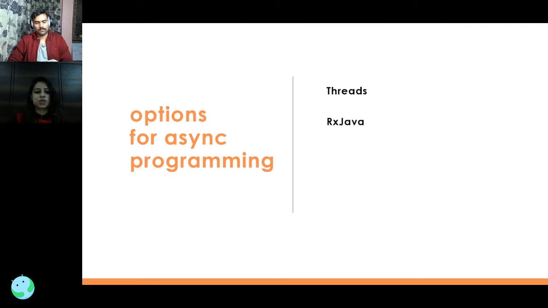Then, of course, we have RxJava. In the last few years, reactive programming has taken some momentum, not only for Java, but for other platforms as well. So the whole concept revolves around the observer pattern. We can manipulate threads easily using observeOn, subscribeOn. There are different operators like merge, zip, map, flatMap, filters for controlling the data streams.